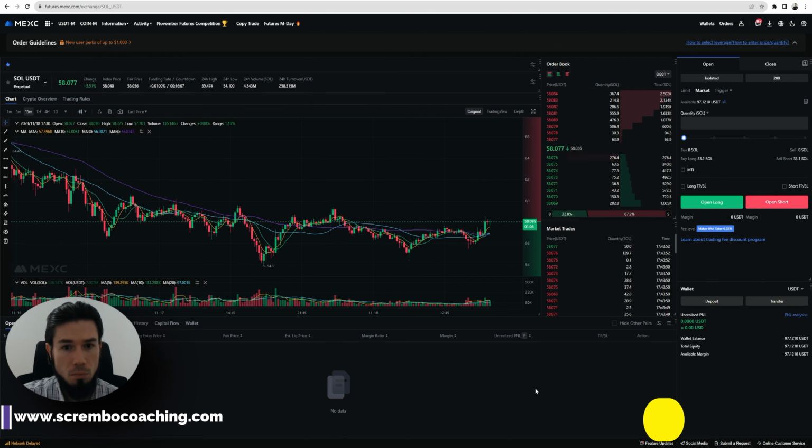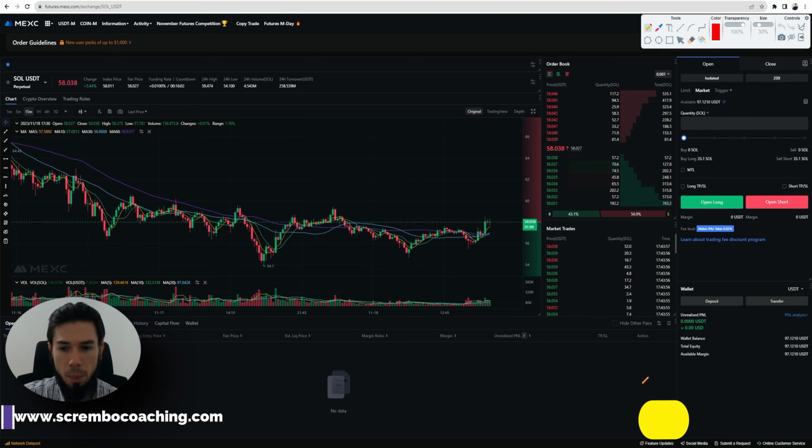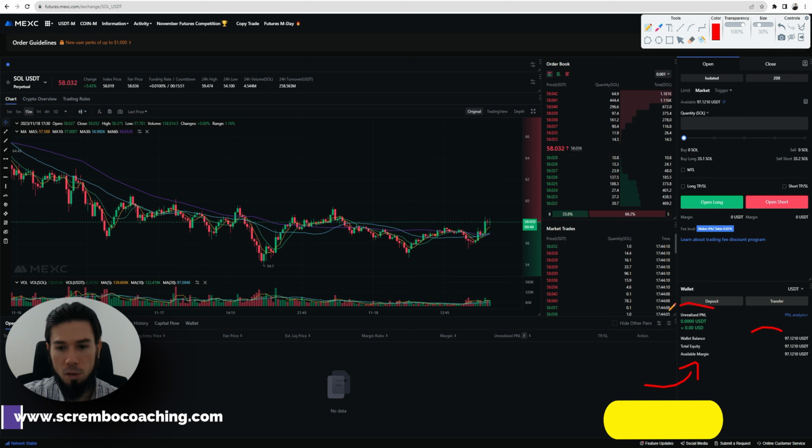Simply said, what we have to know is the wallet representation, that on the bottom right corner you have the available margin, total equity, and the wallet balance. Right now you can see it's $97. This is what I have moved. And the unrealized P&L basically, which is represented right there.